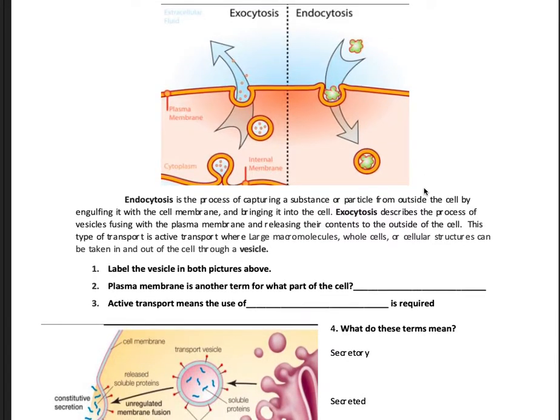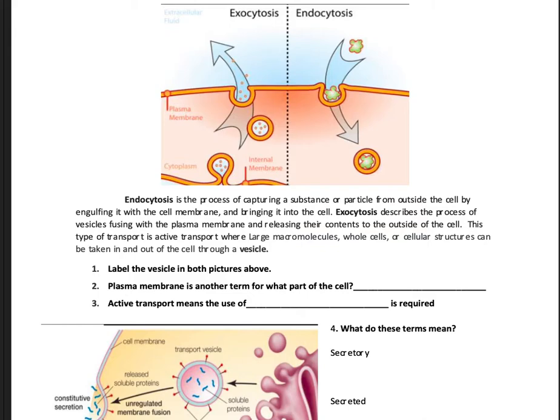Now, this is a type of active transport. This is when the cell uses vesicles to move larger materials into and out of the cell. And vesicles are typically created by the Golgi apparatus, or they can be created by the cell membrane. The cell membrane, in order to take larger materials in, will engulf the larger materials, and that circular structure is your vesicle.